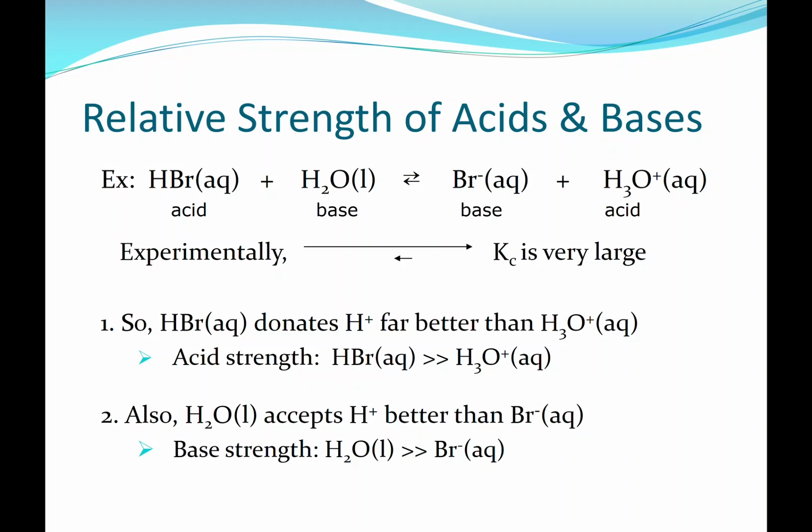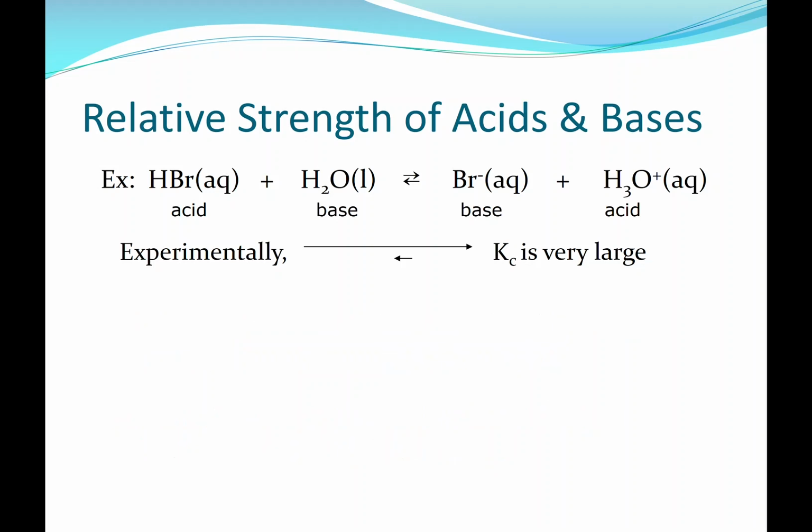In a sense, water is winning that tug of war for the H plus ion over the Br minus ion. So the base strength from a Bronsted-Lowry definition is going to be much stronger for water than it is for Br minus. In terms of base strength, we would rank water as being a better base than Br minus.